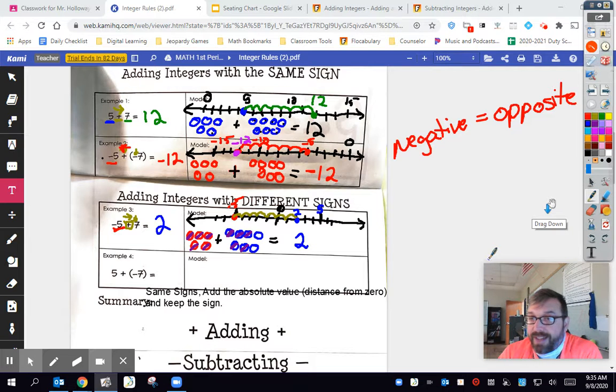Okay, so let's look at this next model. The next model is almost backwards from the previous one. So this time the 5 is our positive. 1, 2, 3, 4, 5. And we're going to add that to negative 7. And 7 is a negative number, so I'm going to change my counters.